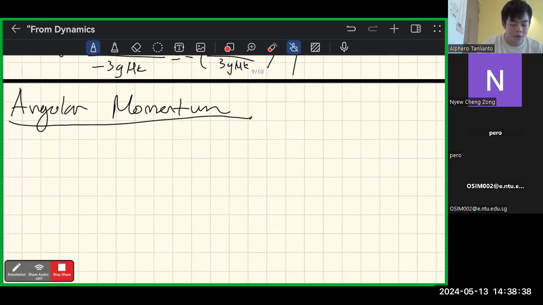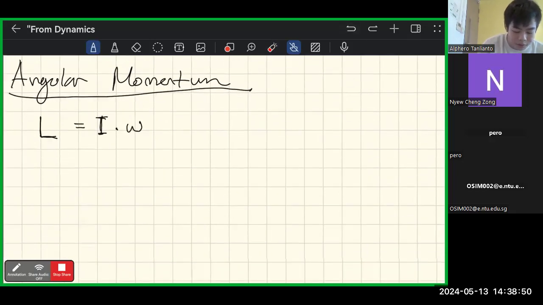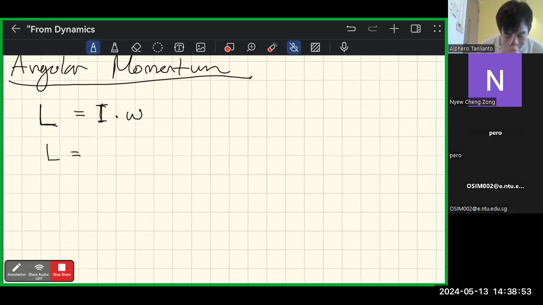For angular momentum, we usually say that L equals I, the moment of inertia, times omega, or if it's a point mass, it's m times v times r, where the v and the r are always perpendicular.